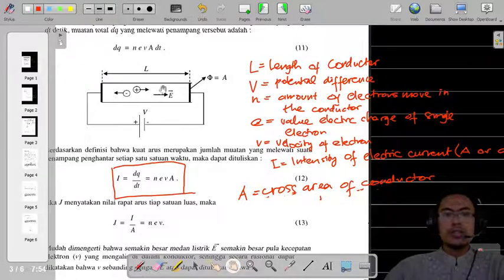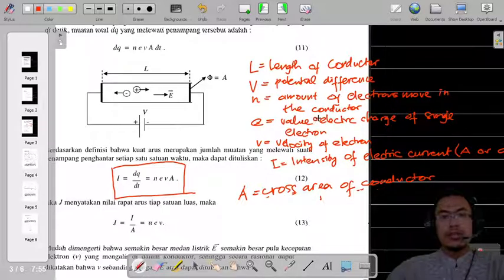Because in this conductor we believe it is not only one electron, it will be millions of electrons. So n is the total amount of electrons that move in the conductor. And then e is the value of the electric charge of a single electron.